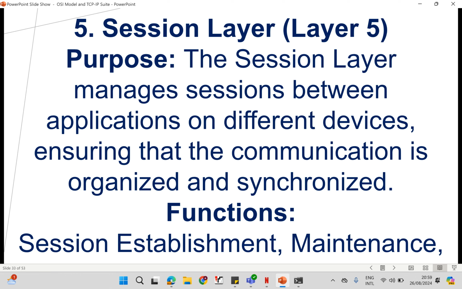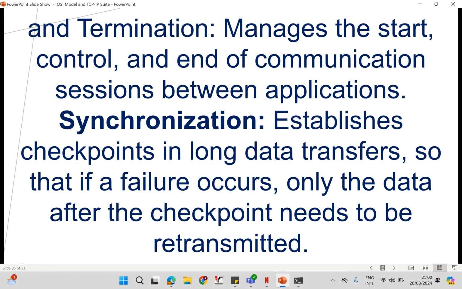So functions: session establishment, it establishes the session between the source device and the destination device. Maintenance, it maintains the session. And termination, so it manages the start, control, and end of communication sessions between applications.